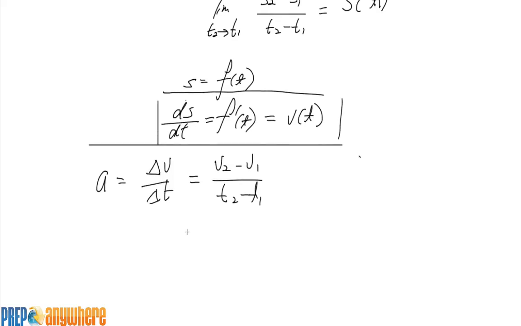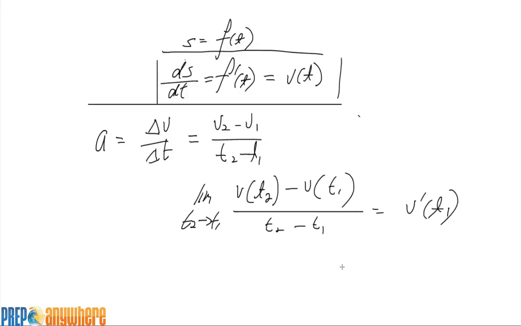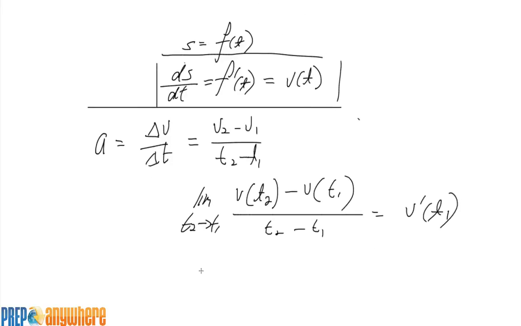And if we consider again the limit of t2 approaching t1, this is the derivative of v at t1. Okay, so essentially that means dv over dt is the acceleration.